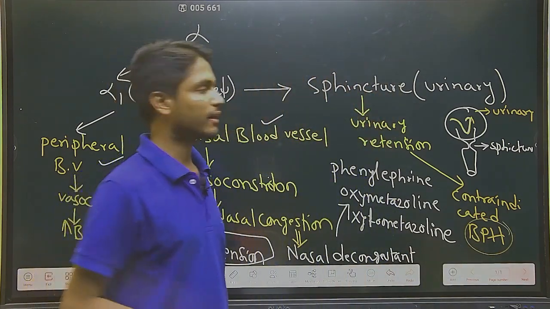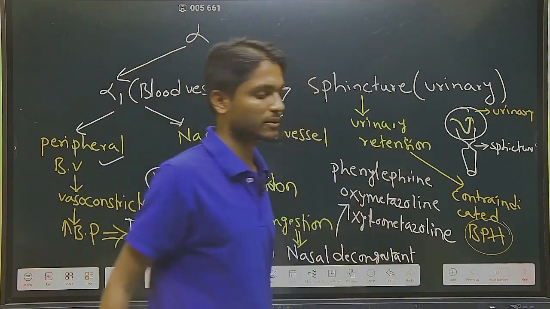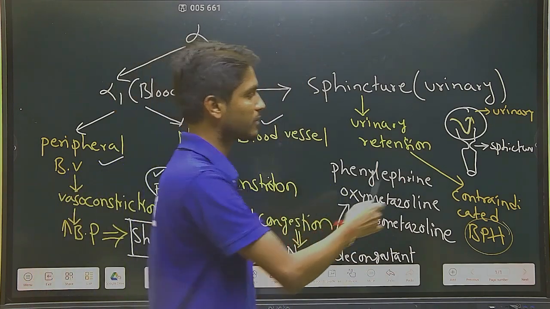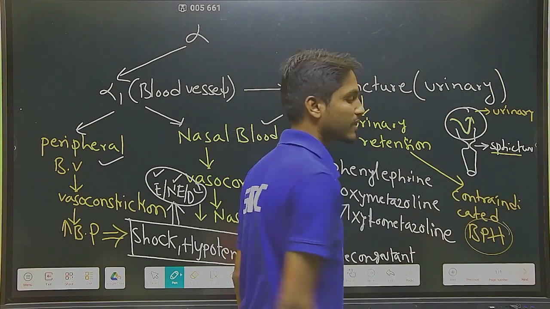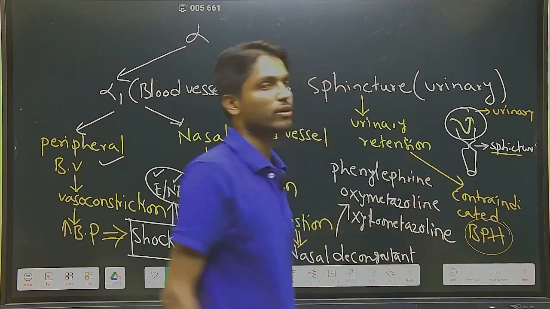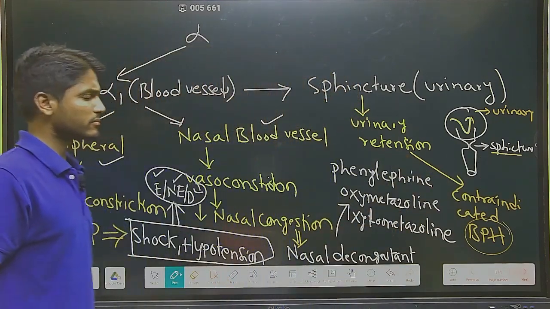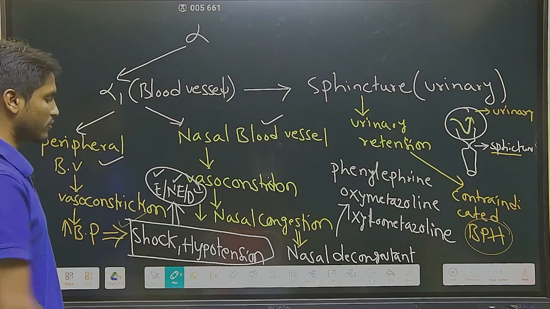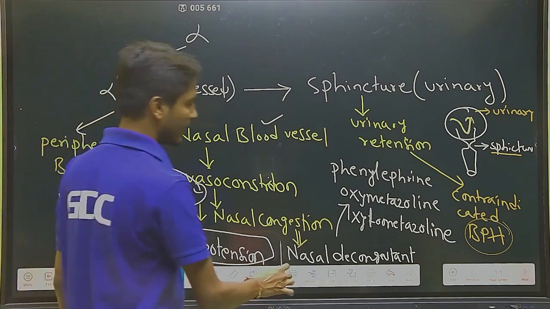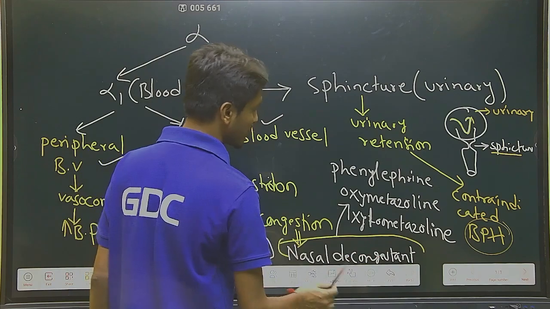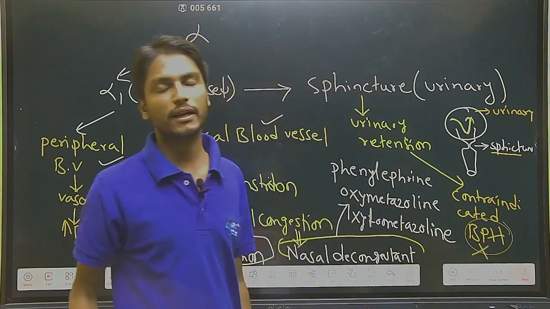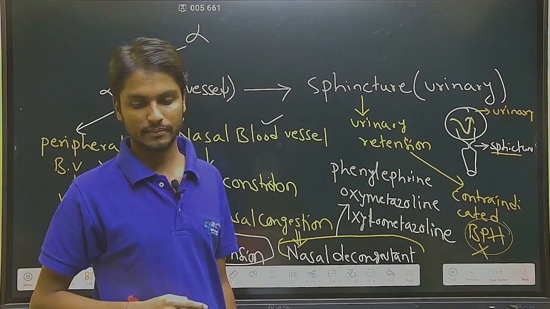If you give sympathomimetic drugs that act on the alpha-1 receptor, it will again cause constriction of the sphincter, and the urinary retention effect will be there. So alpha-1 agonist drugs can be used in the treatment of shock and hypotension and act as nasal decongestants. Along with that, the drug should be contraindicated in benign prostate hyperplasia.